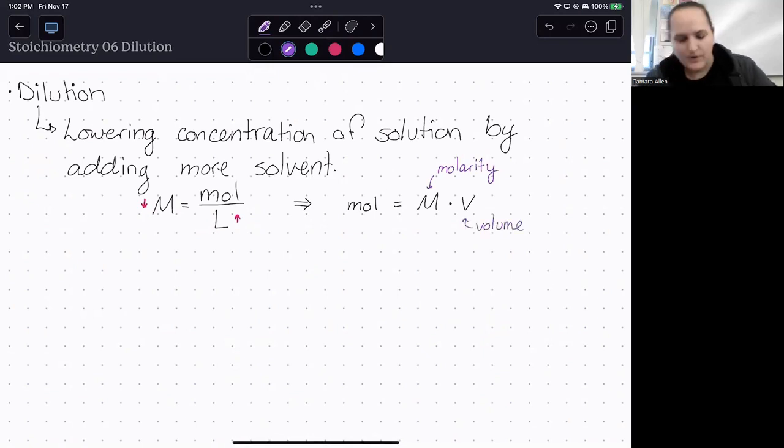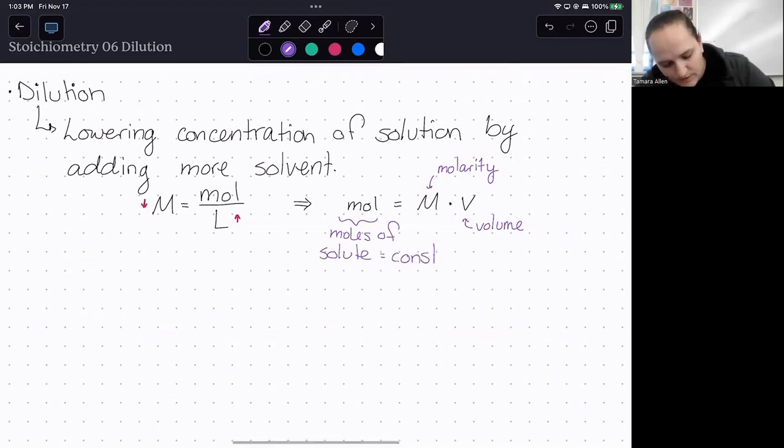So as long as we're not adding or removing solute, the molarity times the volume equals the moles, and the amount of moles is going to remain constant if all you're doing is adding water.